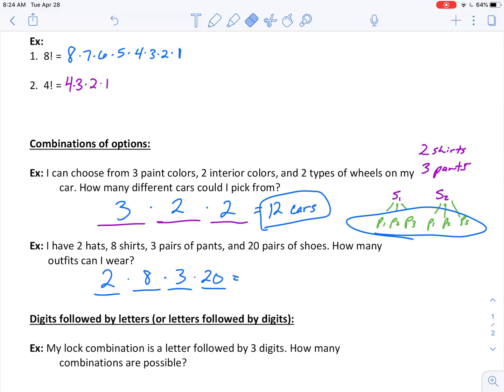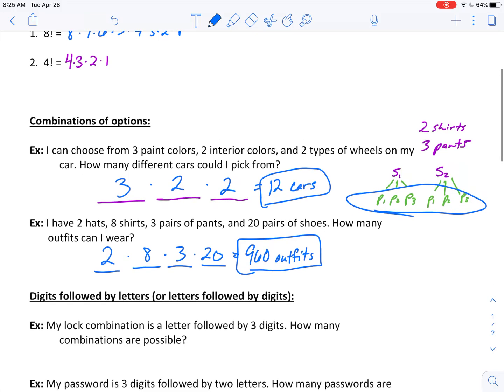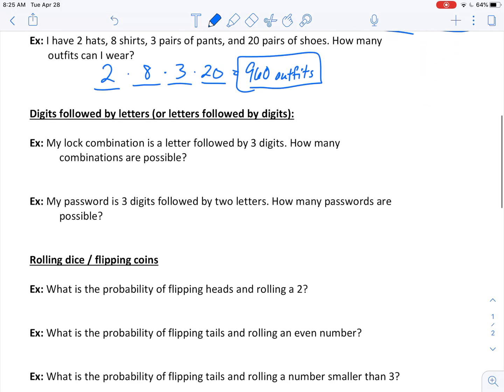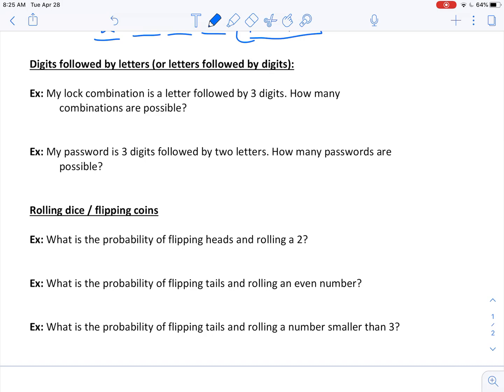I'll just type that into a calculator. So let's see, 2 times 8 times 3 times 20 would be 960. So I could have 960 outfits. And most of the difference there are shoes. But it still counts.